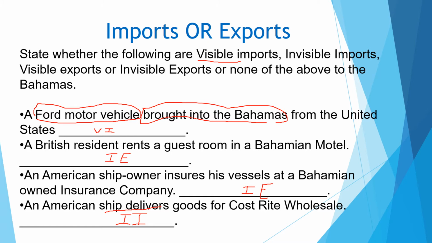At the end of this lesson, you will have some more practice activities that you will be asked to submit to test your understanding of distinguishing the difference between visible imports, invisible imports, visible exports, and invisible exports.